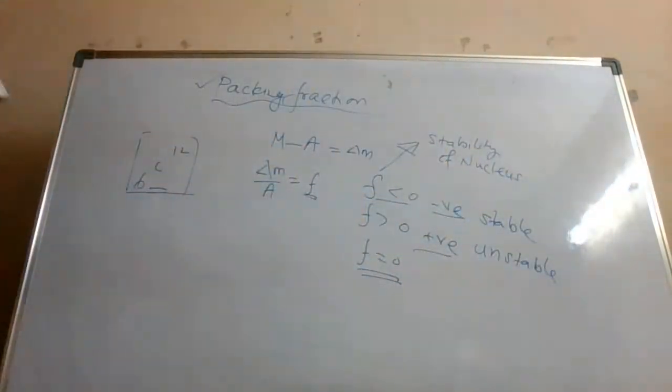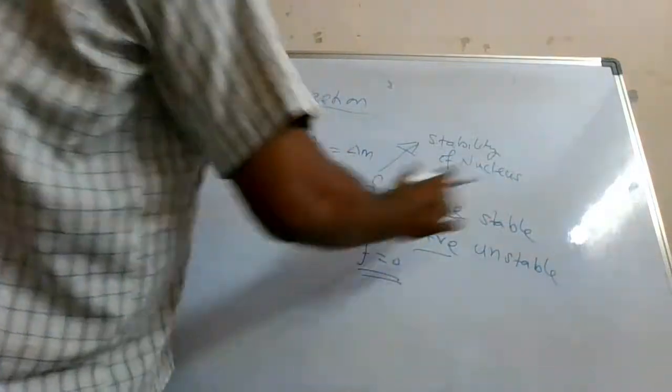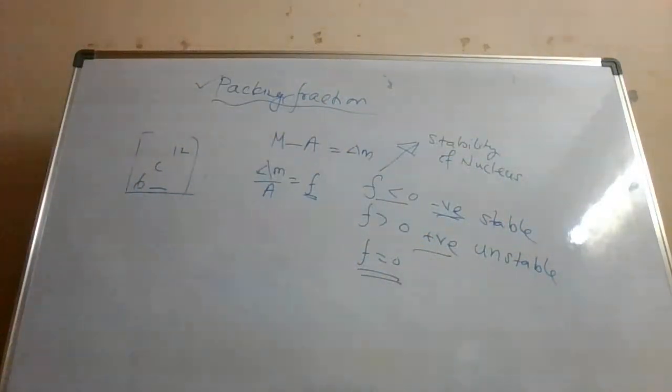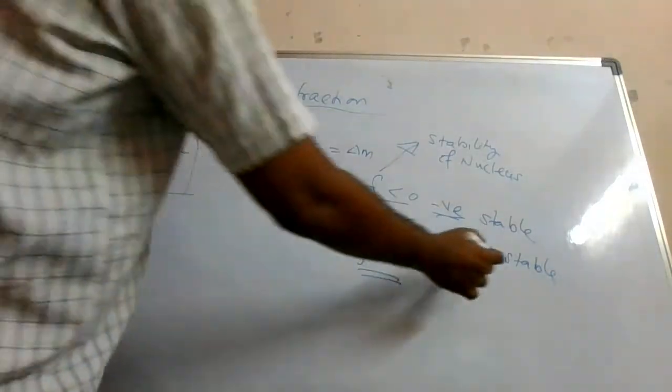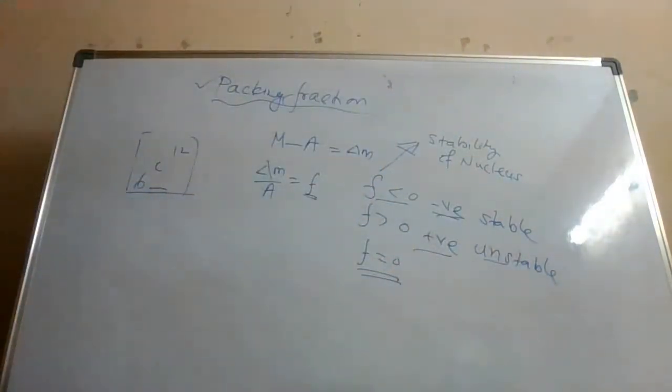If packing fraction is negative, the nucleus is considered to be more stable. If packing fraction is a positive value, it is considered to be unstable.